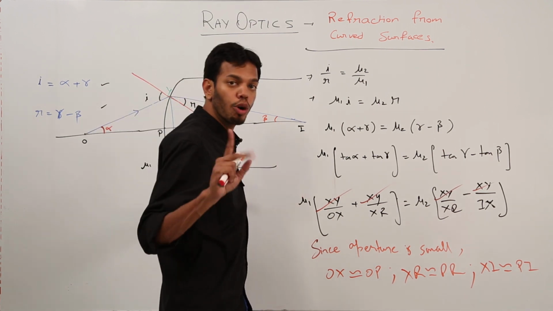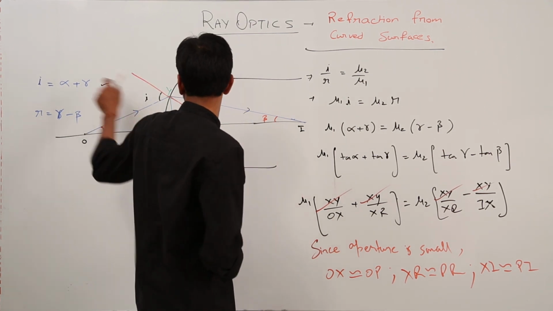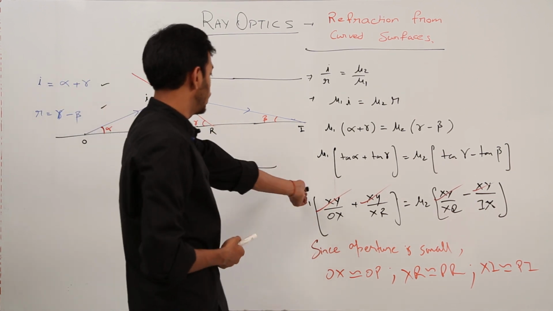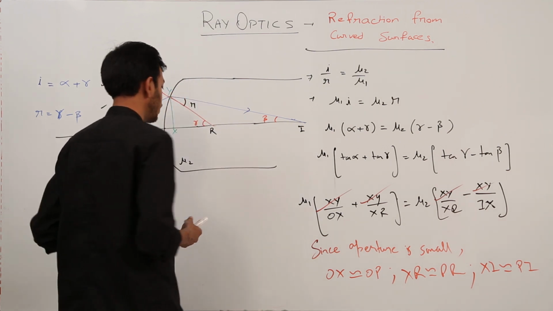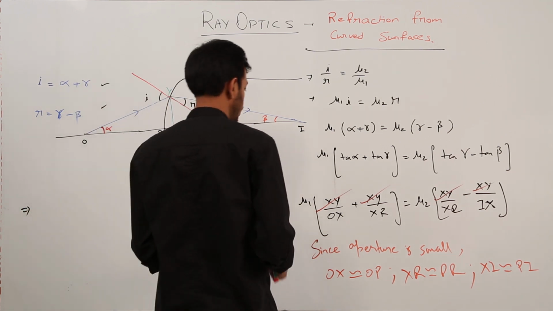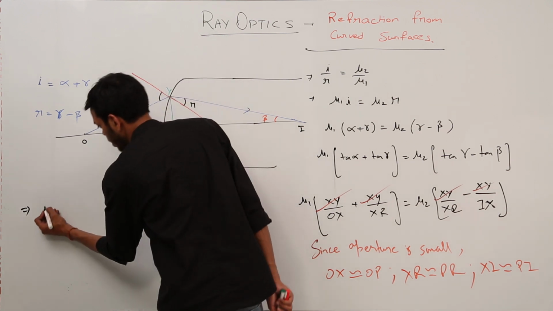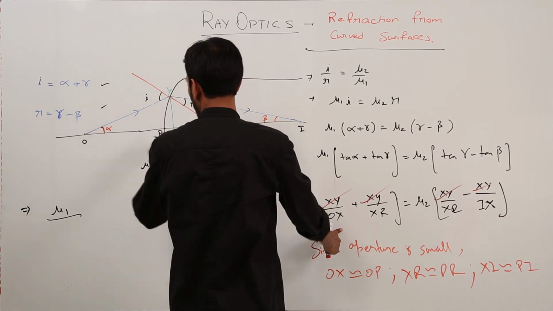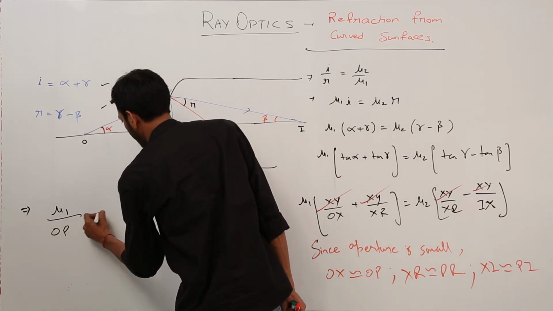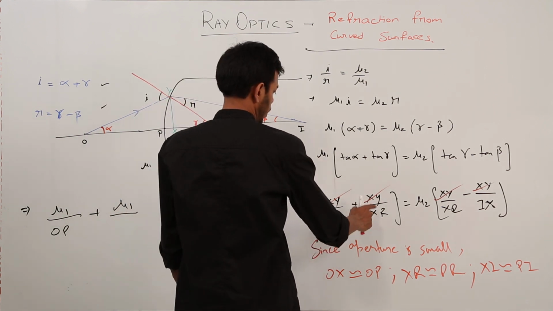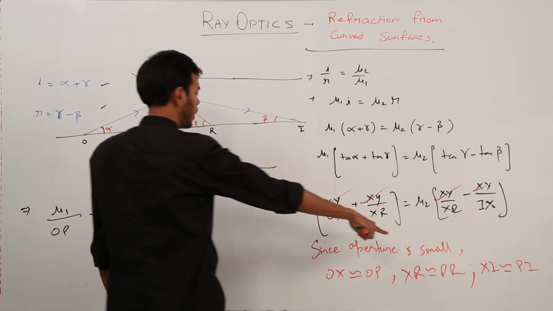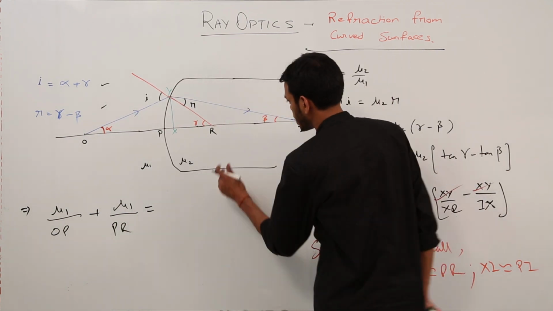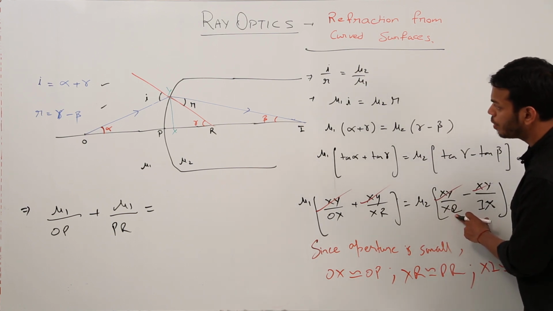In this case, there were two points. Number 1, Snell's law, and number 2, the conversion of i and r in terms of alpha, beta and gamma. Let's move on to the next step. This is mu 1 upon OX, which I am going to take as OP, plus mu 1 upon XR, which is PR, is equal to again mu 2 upon XR.